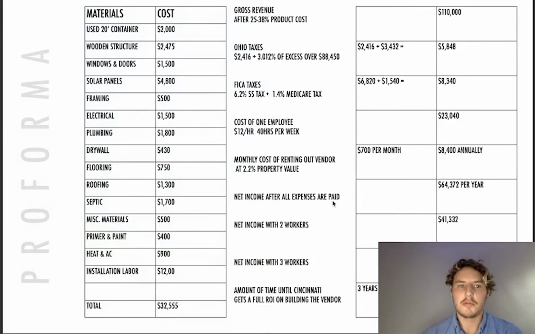So I did a pro forma, and I looked up everything about how much it would cost to sort of build this structure that I designed. So we have all this stuff, the structure, the framing, the plumbing, septic, roofing, all of it here. I mean, I'm sure there'd be some various things that aren't accounted for, but here's an overall total.